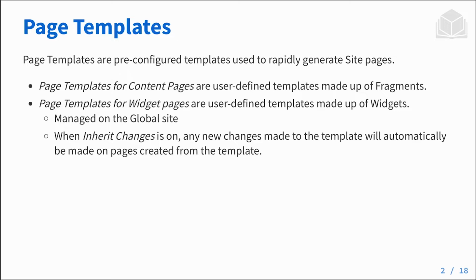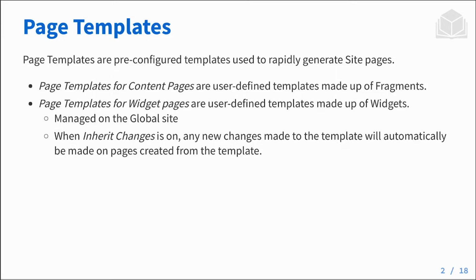For example, if I know that my different levels of pages are going to have certain business requirements for what kind of content or widgets need to go on those particular pages, I can set up templates that I can reuse ahead of time. So if I need to quickly generate a site that has those requirements met, I can do that using these page templates.